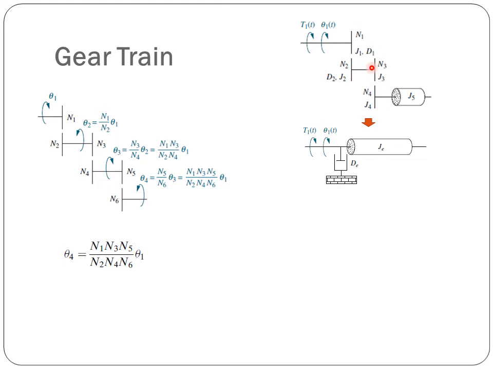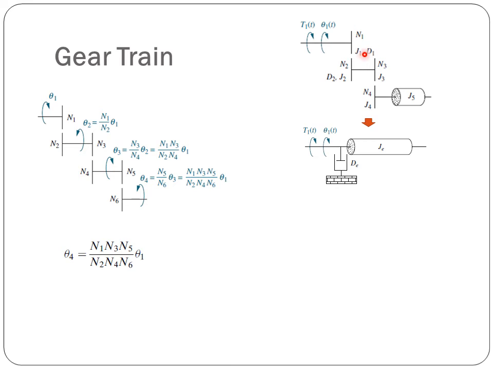And similarly we have some weight of this gear, J2, J3. This circular gear can be heavy, so we are including some inertia here, J2 and J3, and here J1. Sometimes we can ignore this inertia if these gears are very light, but sometimes we cannot.